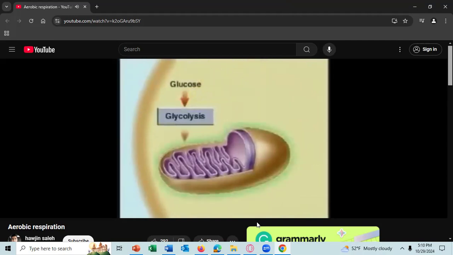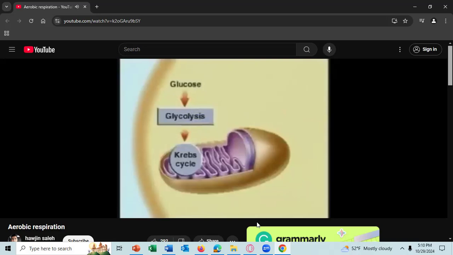The next two stages of aerobic respiration are carried out in the mitochondria. Pyruvate enters a mitochondrion. Once inside, it is modified and enters the Krebs cycle. The reactions of the Krebs cycle break the pyruvate molecules down to carbon dioxide, create two more molecules of ATP, and energize more electron carrier molecules.